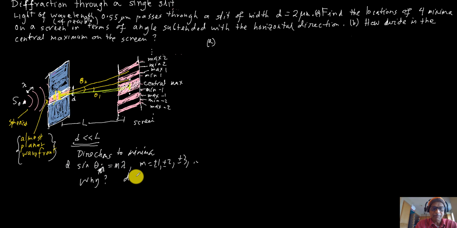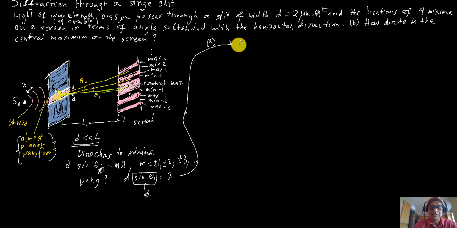Say D sine theta 1 equals lambda, right? But sine theta 1, if I look at the absolute value, has to be less than 1, which means lambda over D has to be less than 1.